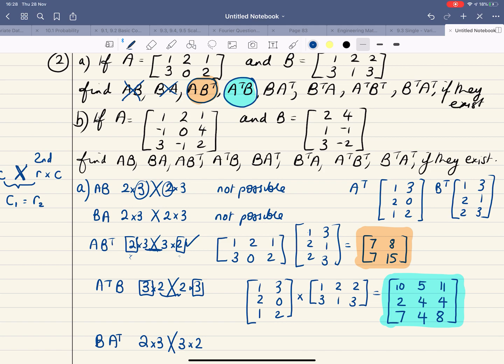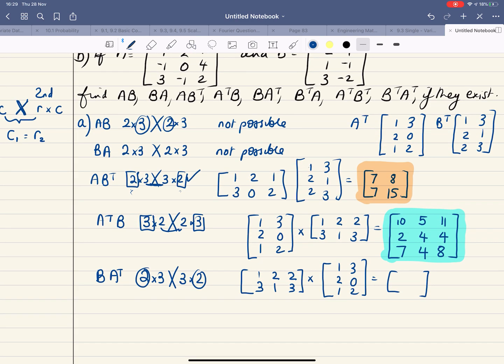B is 1, 3, 2, 1, 2, 3, and then A transpose is 1, 2, 1, 3, 0, 2, and the answer is going to be a 2 by 2.